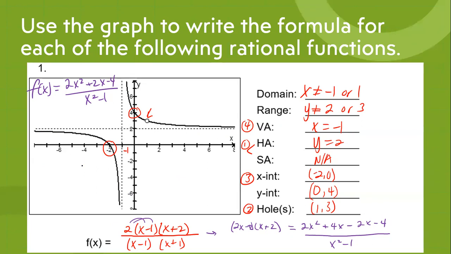All right, what about intervals of decrease? Where do I decrease from? I decrease from negative infinity up until -1, from -1 to 1, and then 1 to infinity. Do we see that?